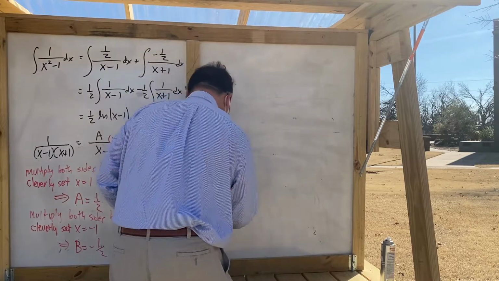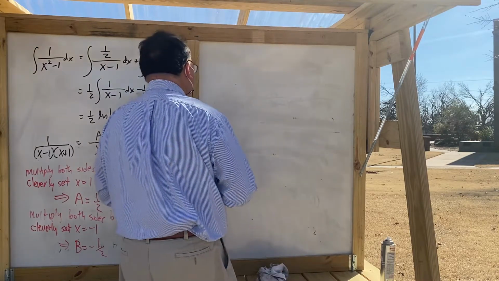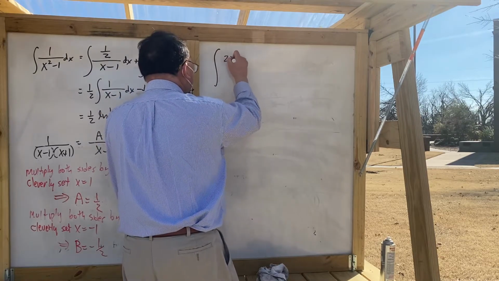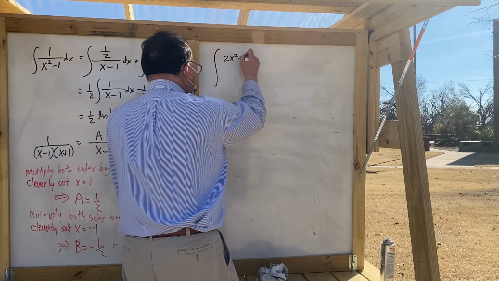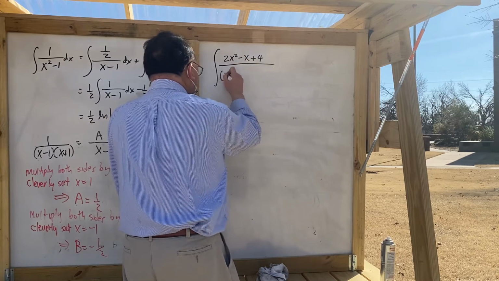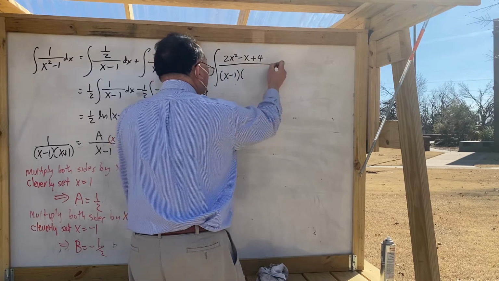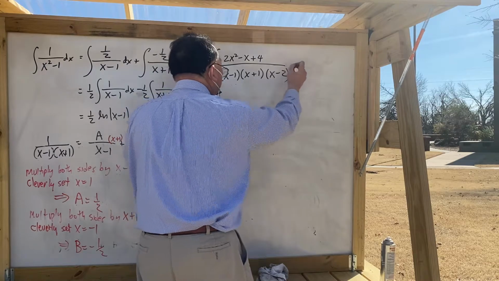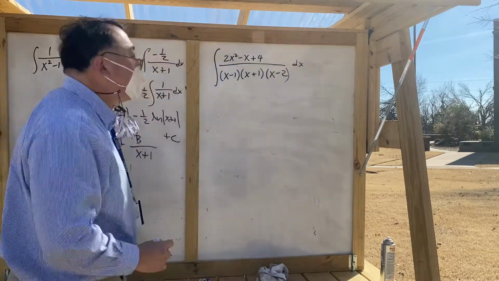So I'm going to do the integral of 2x squared minus x plus 4 all over x minus 1, x plus 1, and x minus 2 dx. Okay, I just made it up.